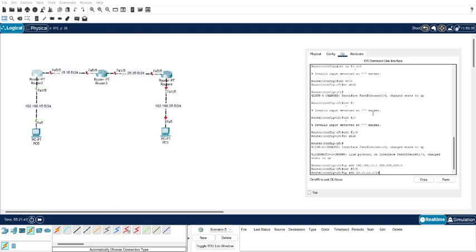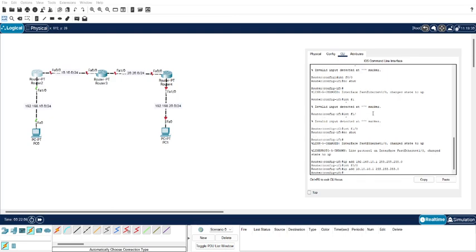For the routing process, router one is going to use router two as the gateway, and the same for router two, which is going to use router one as the gateway. Okay, like this. After that, we do it.